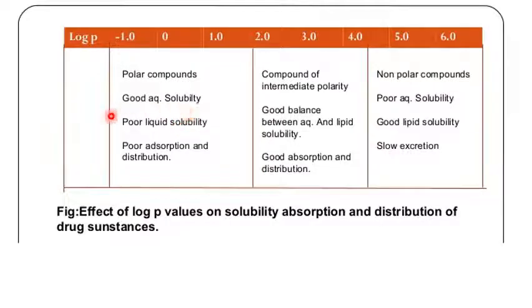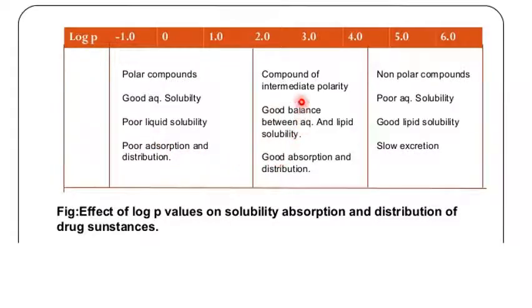In drugs with a log P value in the range of -1 to around 2, the drug will be mainly a polar compound and will have good solubility in the aqueous media of the gastrointestinal tract, but will have poor permeability through the membrane, and the net result will be poor absorption and distribution of the drug through the system or the body.